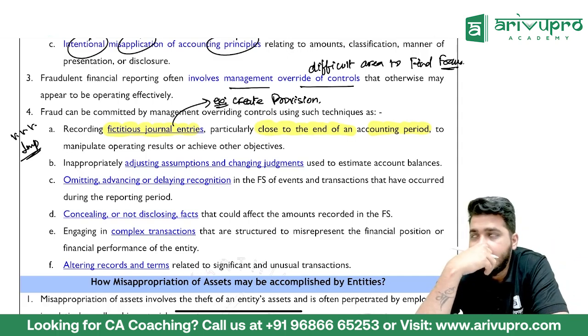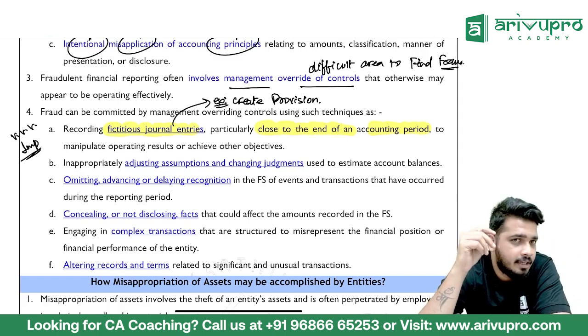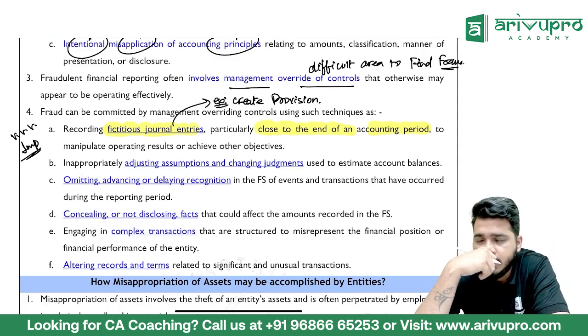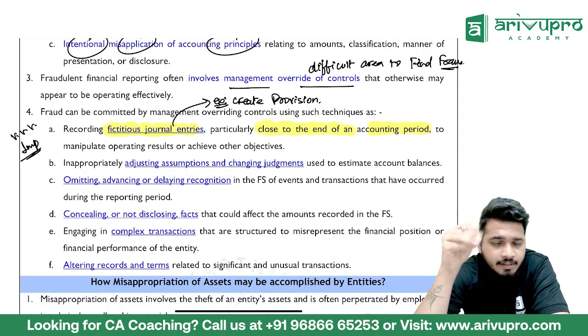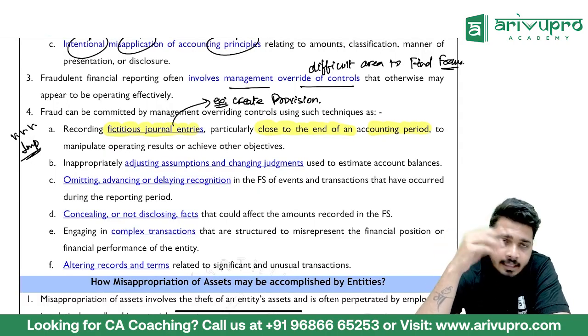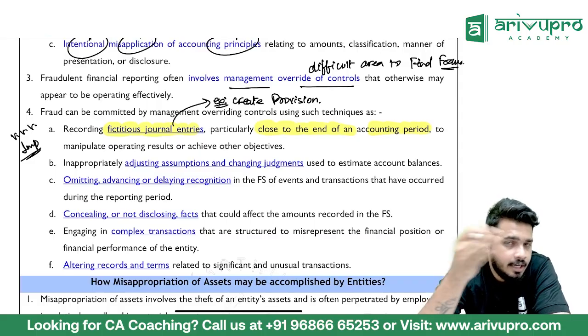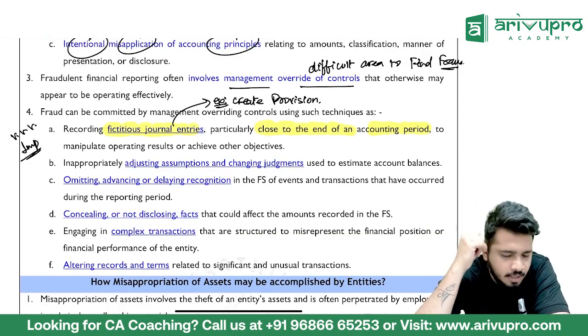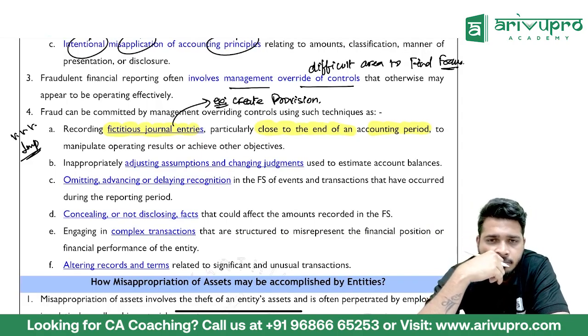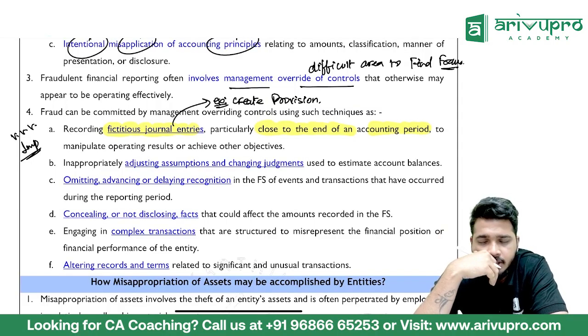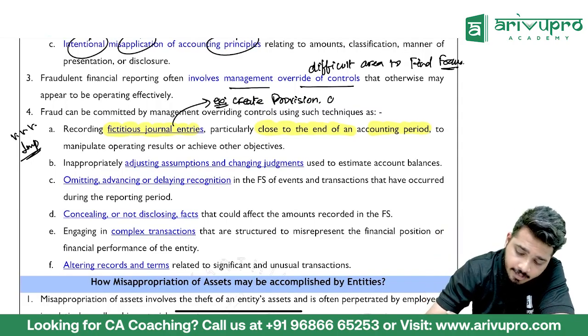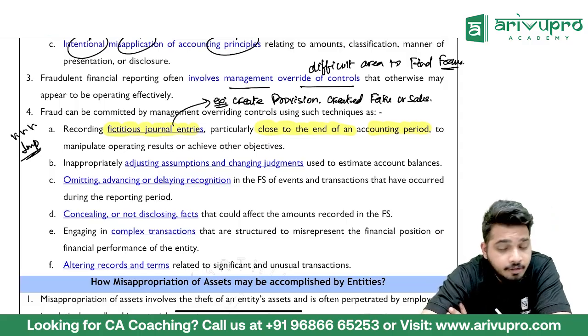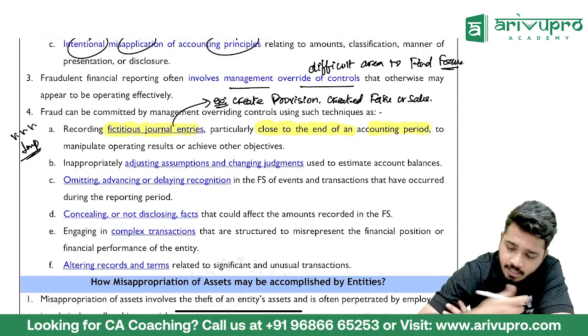There was one of my clients whose books we were checking, and we were checking debtors. At year end, he got to know that there is something called negative balance of cash. So what he did, he created fake credit sales.